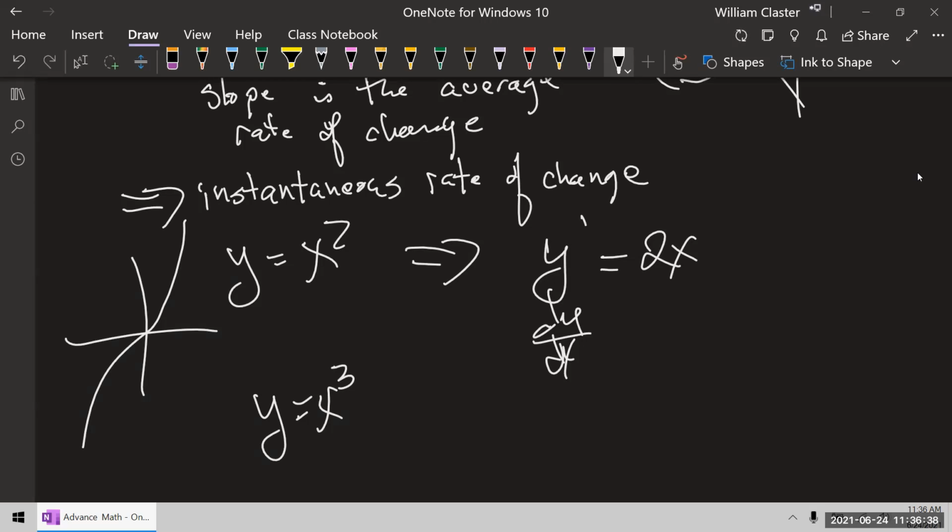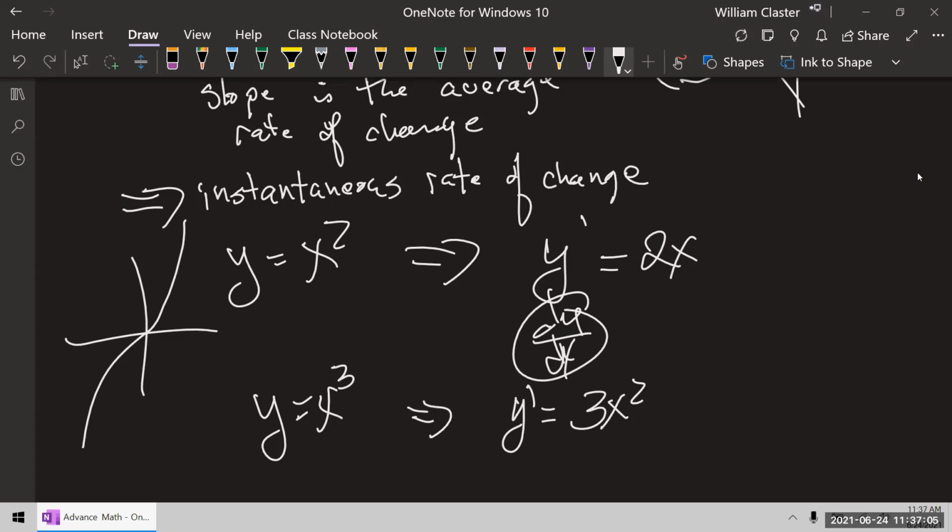Anyway, if you had this function, the formula is different, obviously. The derivatives are going to be different. The slopes are going to be different. So y prime, or if you prefer this notation, is 3x squared. So it's not the same as this formula. And so on. In calculus, you learn how to figure out what these are.